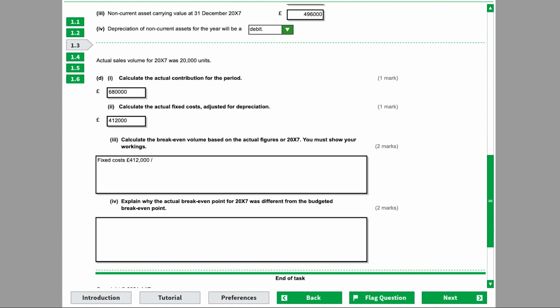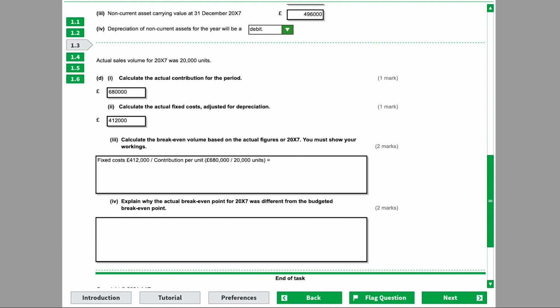So we've calculated the actual contribution for 20,000 units. So let's just get in here the contribution per unit, which we're going to calculate as our total contribution divided by the number of units. Okay, so if we type that into our calculator now, it would be 412,000 divided by, and then we need to do the 680,000 divided by the 20,000 units.